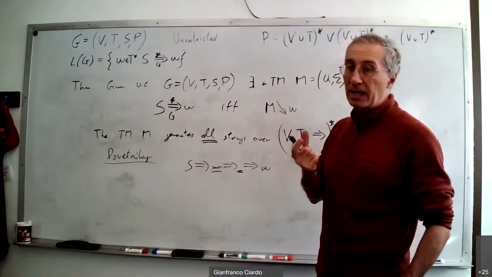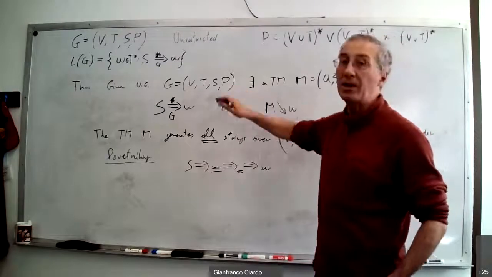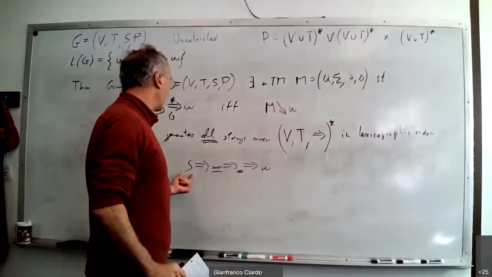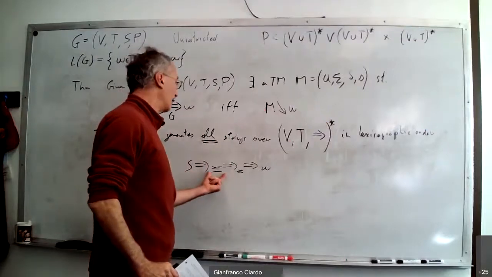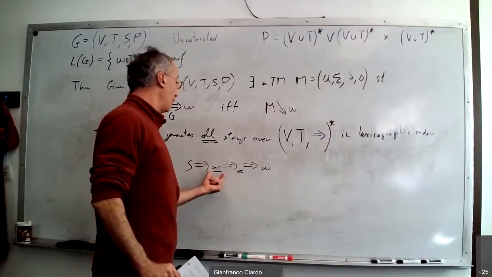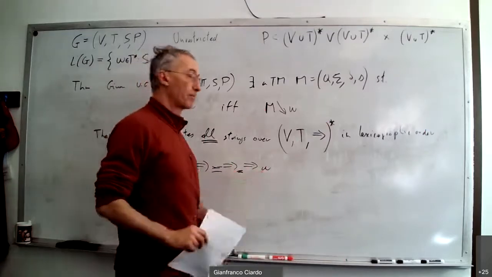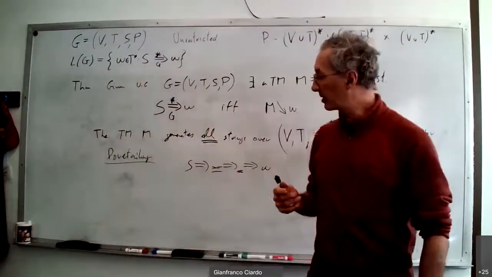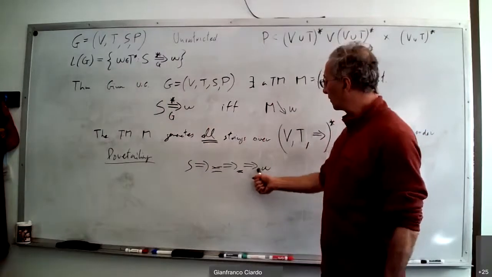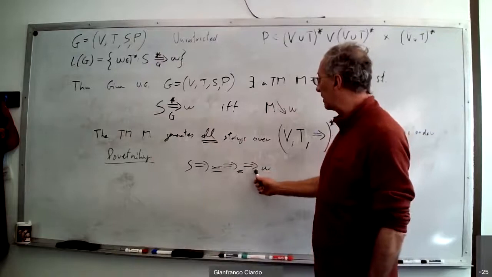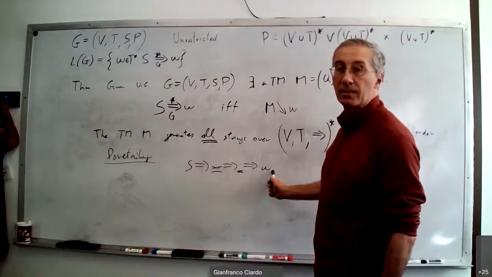All it has to do, since it has a finite number of productions, is verify: do I apply some production to go from S to this sentential form? Do I apply some production to go from here to here, from here to there? And if the answer is yes, then this W is in the language, and then I halt.